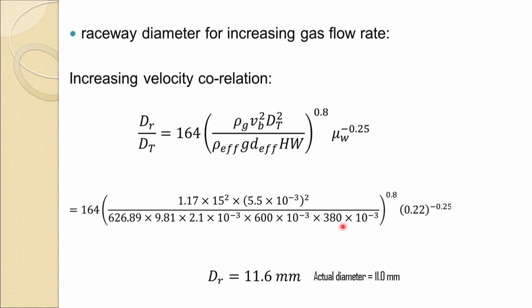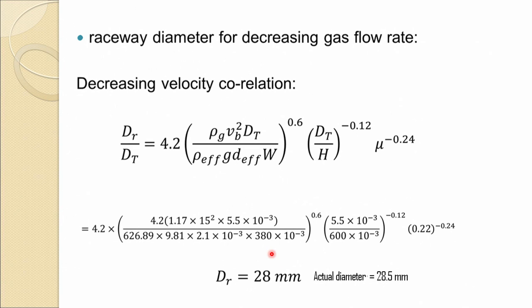So, by substituting these parameters into this correlation, essentially what we get is Dr equal to 11.6 millimeter, and the actual Raceway diameter is about 11. So, a very close match, but that is for the increasing case.